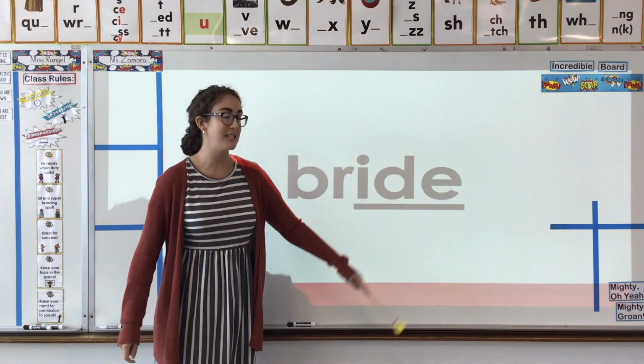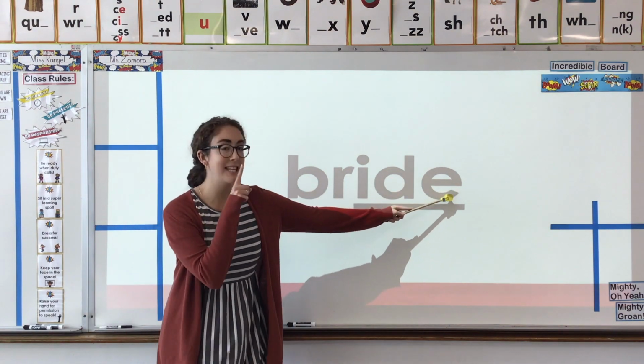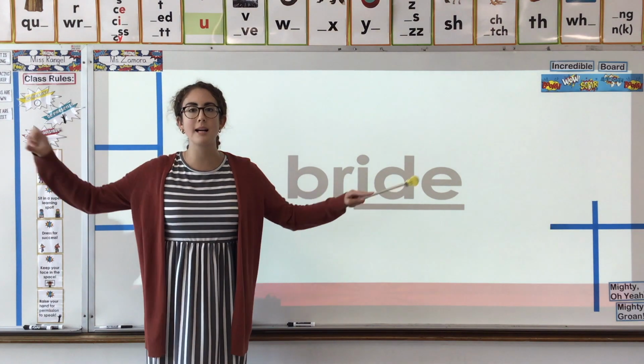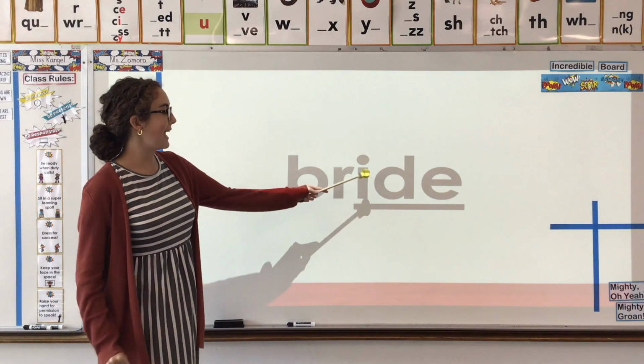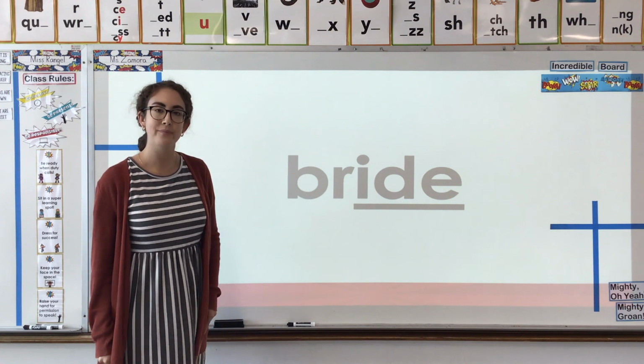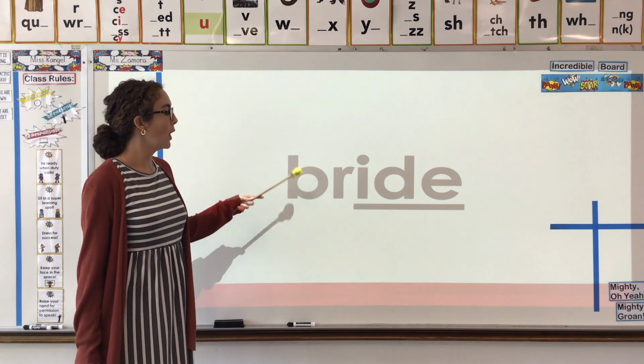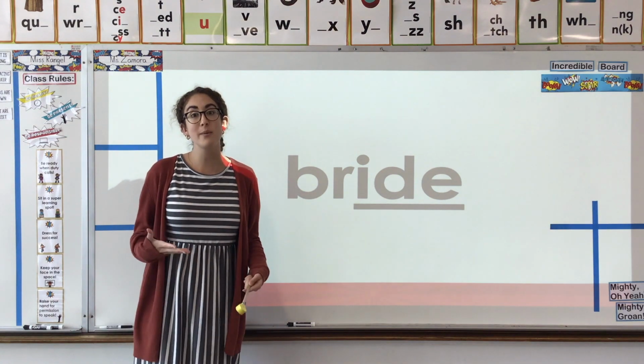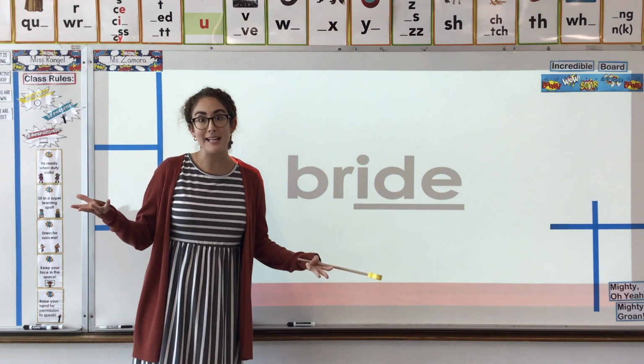It's vowel consonant E. So the silent E will make the vowel say its long sound. So it's going to say I. What's the word? Bride. Bride. Like when someone gets married, they're a bride.